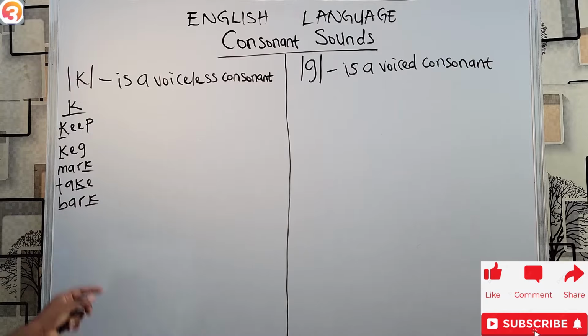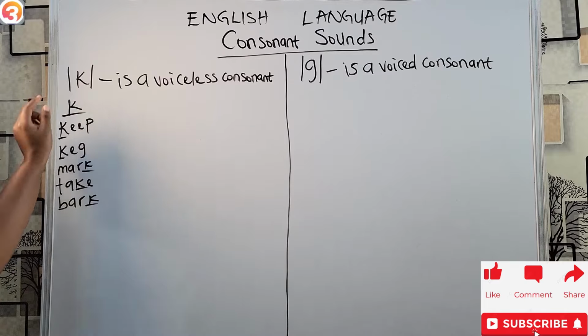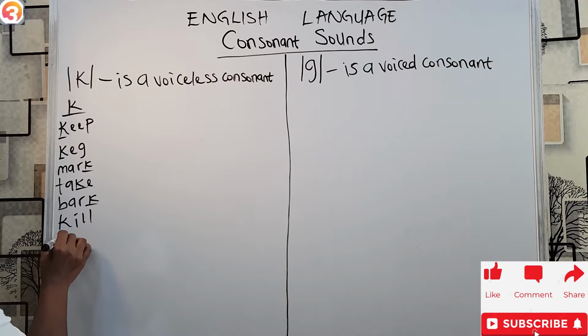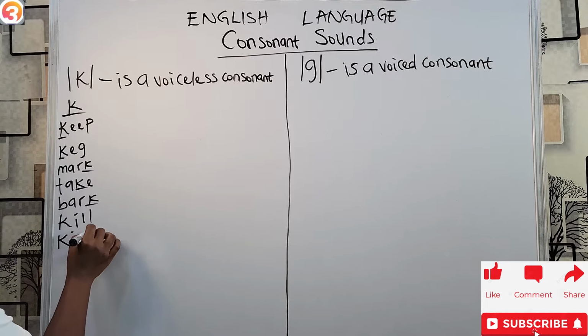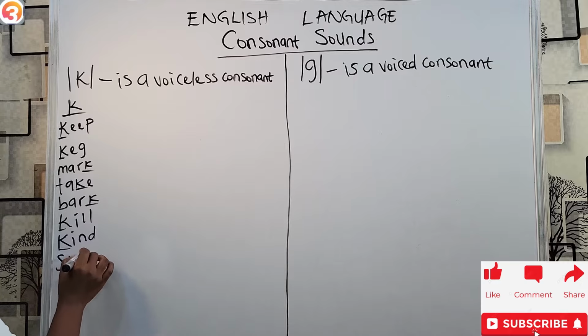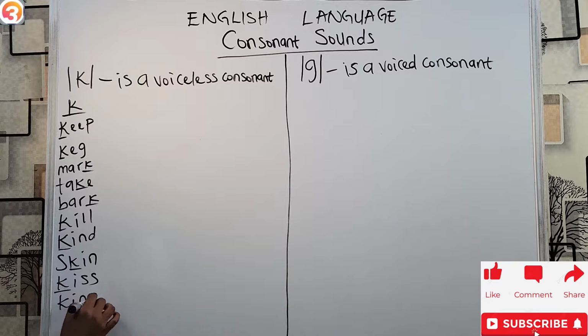The K in these words is the consonant. We have other words like kill, kind, skin, kiss, king. The consonant sound is easy in the sense that as you see it in the word, you can easily recognize it.